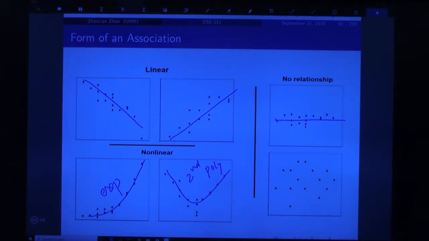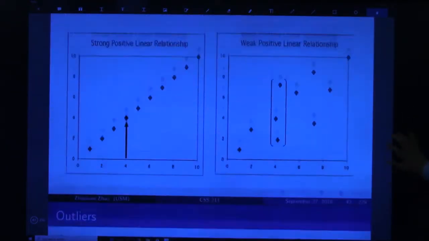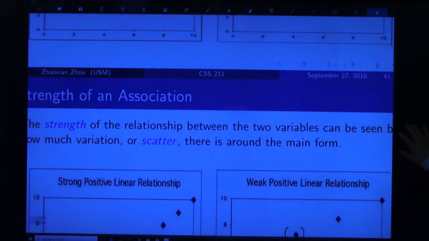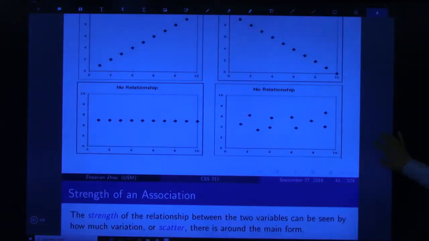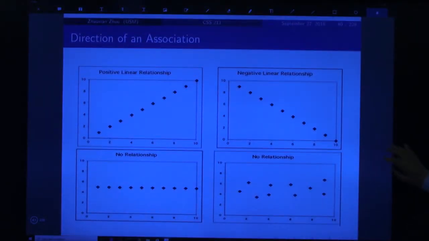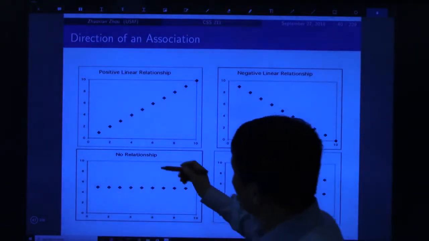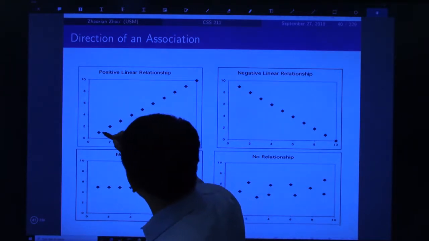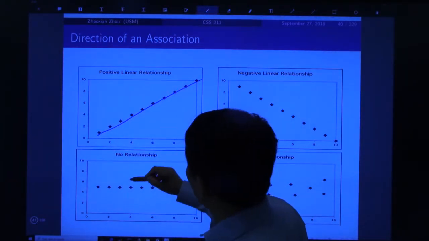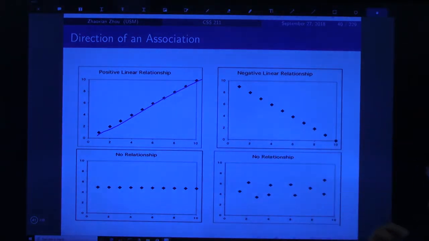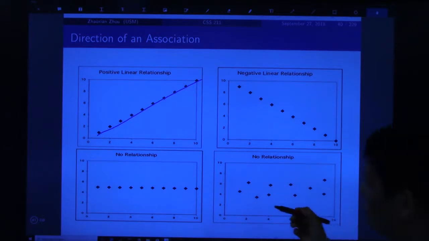If the form is linear, this one or this, then as we said, we are going to have positive or negative direction. This one is very good. This is positive linear. Positive is because the slope is positive. Let's recall the slope.